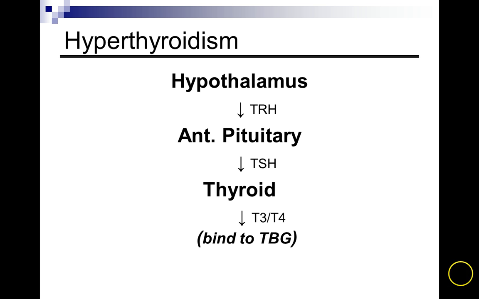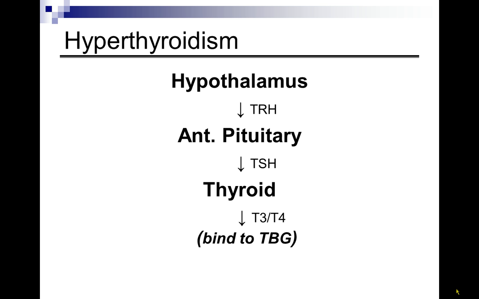The first part of the endocrine system we're going to discuss is the thyroid gland. Just for a very brief reminder, the axis of the thyroid system begins in the hypothalamus, where thyroid-releasing hormone is secreted. That acts in the anterior pituitary gland, and we'll discuss the pituitary in more detail later on.